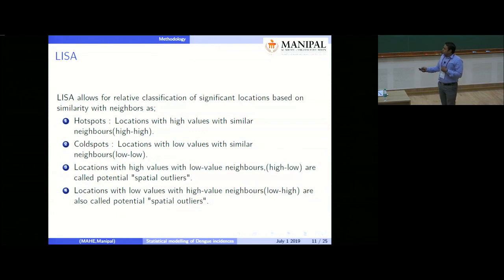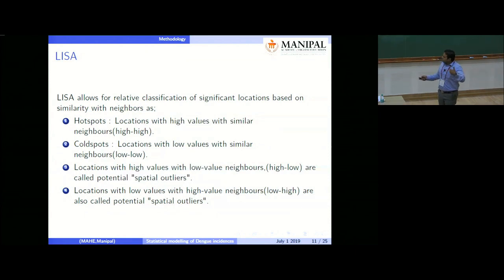Cold spots are those locations which have low dengue incidences and are also surrounded by neighbors which have low dengue incidences. And spatial outliers are those locations which have high dengue incidences but are surrounded by neighbors which have low dengue incidences, and vice versa.